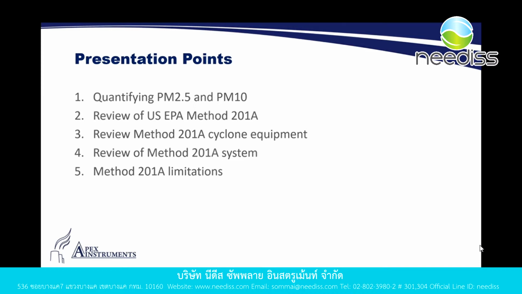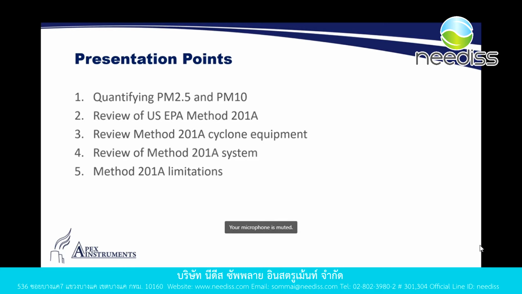We will take a look at US EPA Method 201A itself and the parameters around the method. Then, having a little understanding of the method, we will review the equipment used for Method 201A, specifically the cyclone, which is unique to this method.